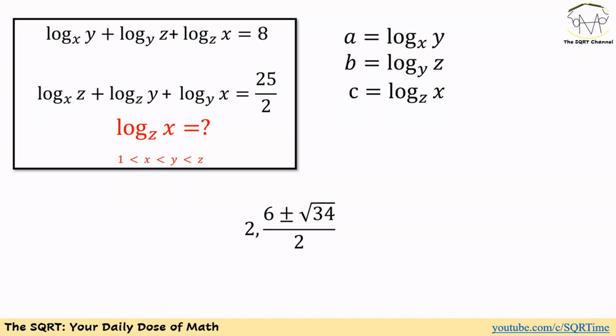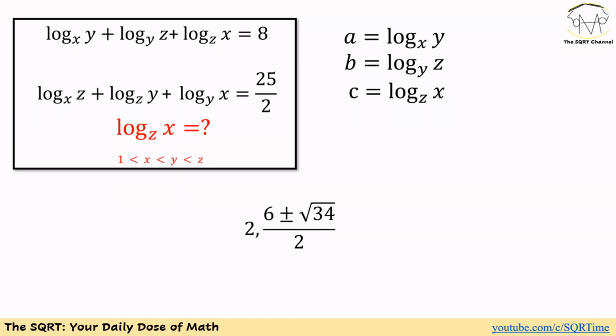We also have log of z in base y. Log of z in base y is also greater than 1, since y is less than z. On the other hand, x is less than z, so log of x in base z is going to be less than 1.